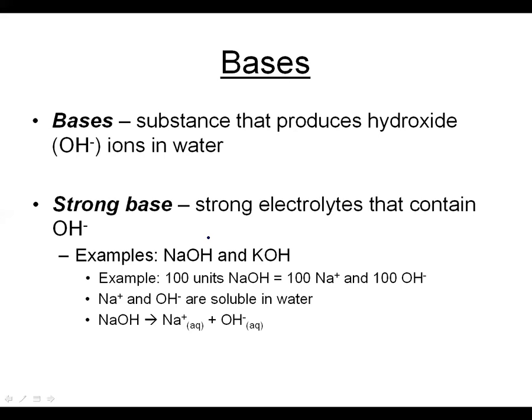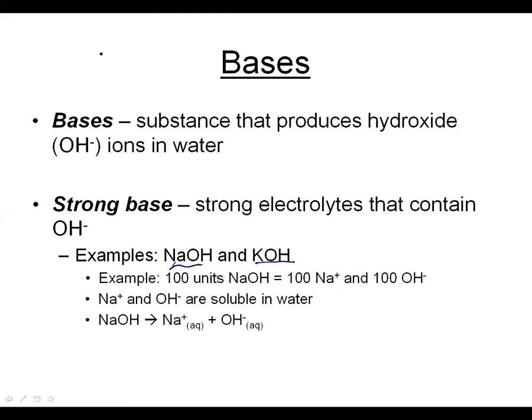A couple of examples of some strong bases are down here. Sodium hydroxide, potassium hydroxide. They actually have the OH minus in the actual formula to begin with, and that usually will make them a strong base.